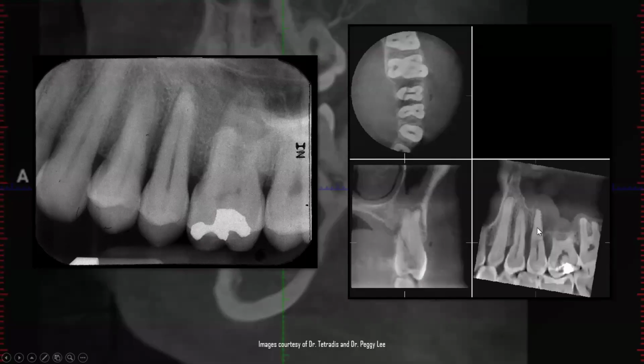Bone loss all around the distal surface, and then coronally around the mesial surface of the root. Then you do see a little bit more of a lucency around the apex of the tooth as well. And so kind of crazy the difference. Maybe in hindsight you could go back and say, where's the lamina dura here? This bone is just gone. But it looks like there's bone here because you still have some buccal and lingual plate.